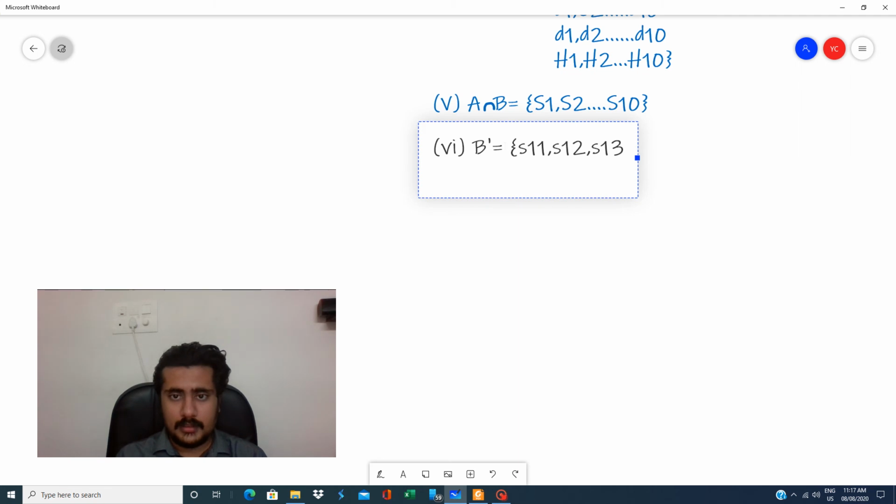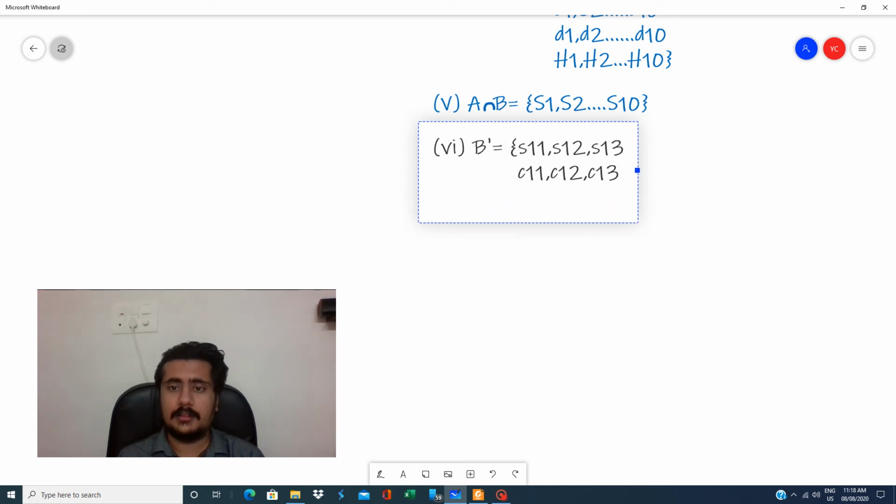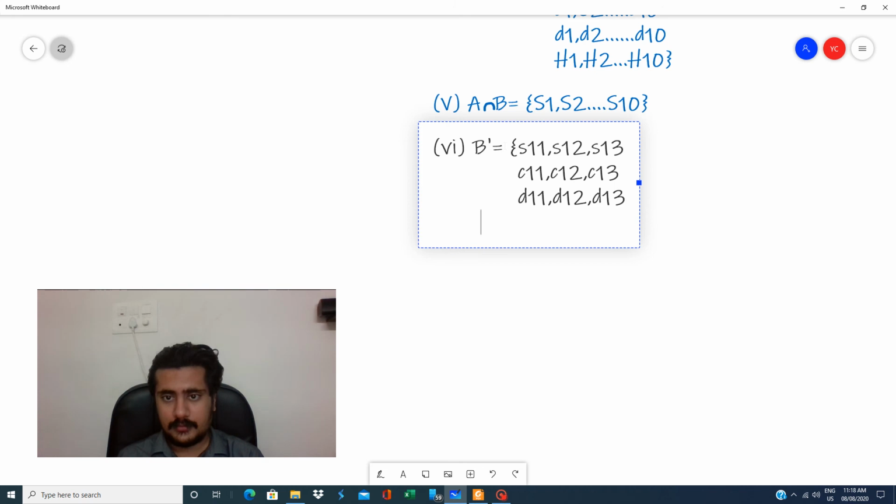Then we will be writing from each and every suit: C11, C12, C13, D11, D12, D13, H11, H12, H13.